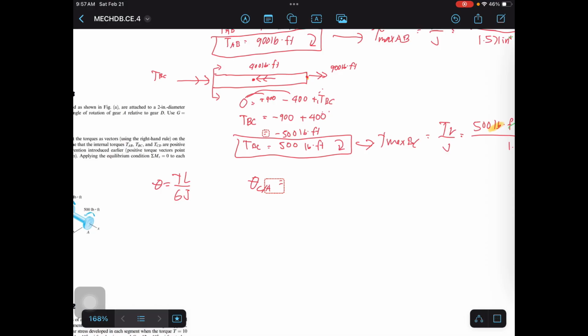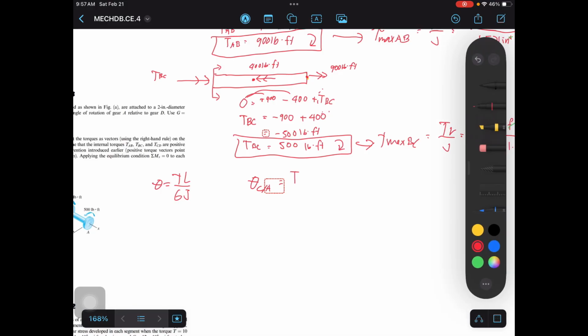That is T angle for BC. Length ng BC over G. Since BC is steel and AB is also steel, isang G lang sila. And then, since BC is 2-inch diameter and AB is also 2-inch diameter, isa lang yung G nila. So, that's the angle of twist for segment BC.